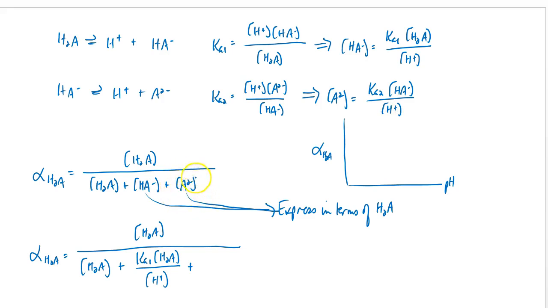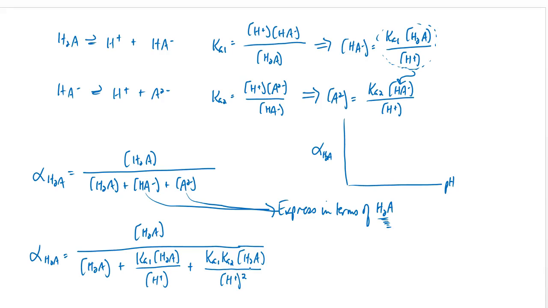Again, we wanted to express A minus 2 in terms of H2A, but we've only gotten it in terms of HA minus. What can we do? Well, we have an expression for HA minus. Maybe we could plug it into here. And what would that give? That would give Ka1 times Ka2 times H2A divided by H plus squared.